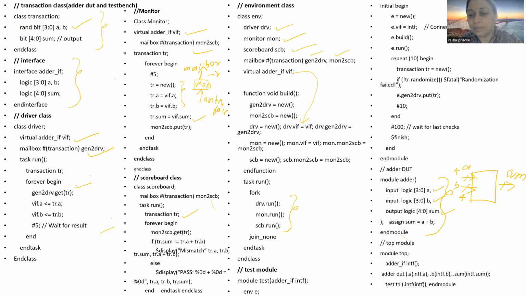Then we have module top, and in this module top, we invoke the interface, we invoke the DUT, and we also invoke test T1.